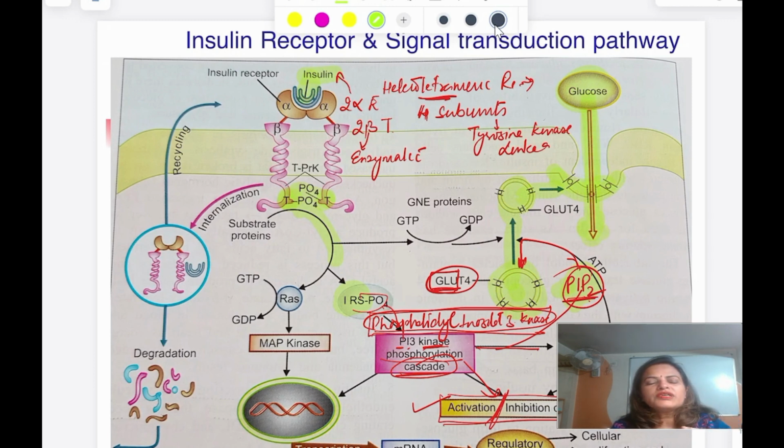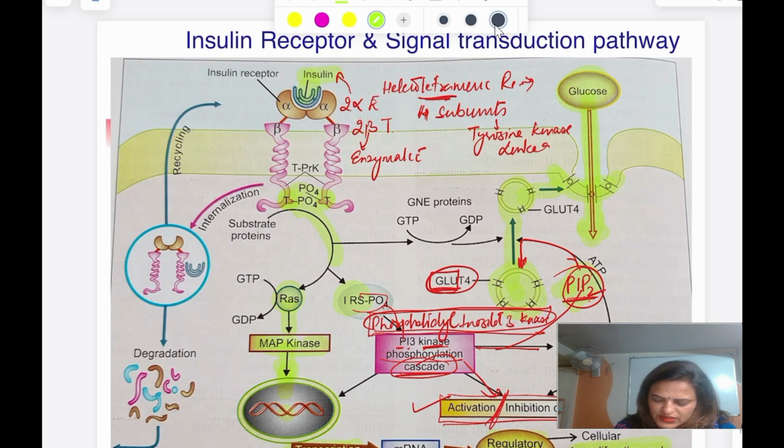And the third function of insulin is at the nuclear level. Just see how it exerts its action at the nuclear level. That is again with the phosphorylation of RAS and MAP kinase, and this is going to cause transcription. This acts on the nucleus and transcription will happen. With this transcription, translation will happen, and various proteins are synthesized which participate in the proliferation and differentiation of various cellular functions.